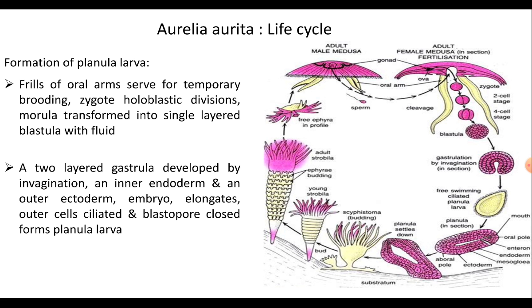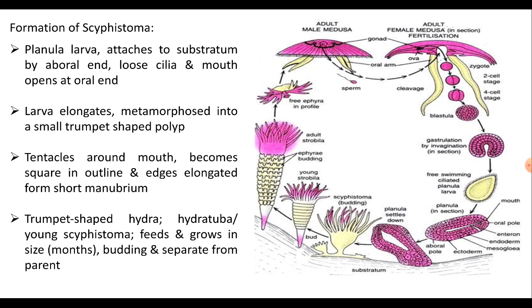The second stage is the formation of the scyphistoma. The ciliated planula larva eventually escapes, and after a short period of free swimming, it attaches itself to a stone or to a seaweed by its broad anterior end, that is the aboral end. The cilia are lost and a mouth opens at its free distal end where the blastopore had closed.